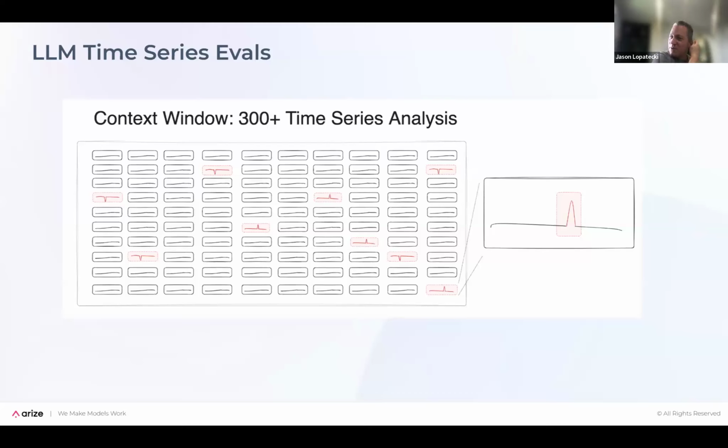So first off, what we were trying to do with time series evals is place a large set of time series in the context window of an LLM and see what it can find. I don't know, Jack, if you've seen the GPT-4 stock analyzers out there on Twitter.